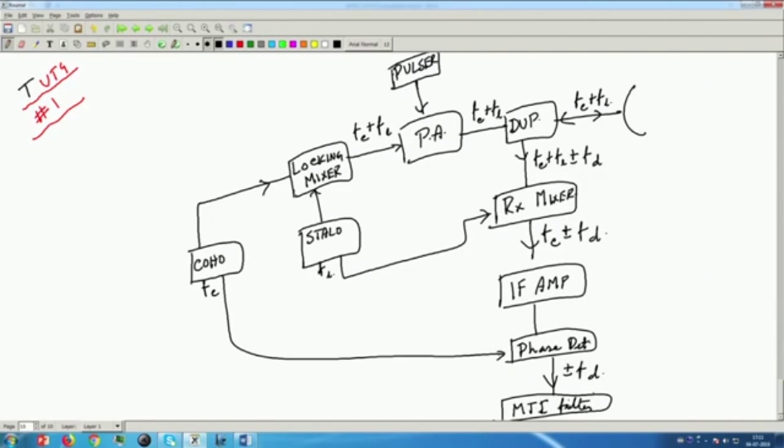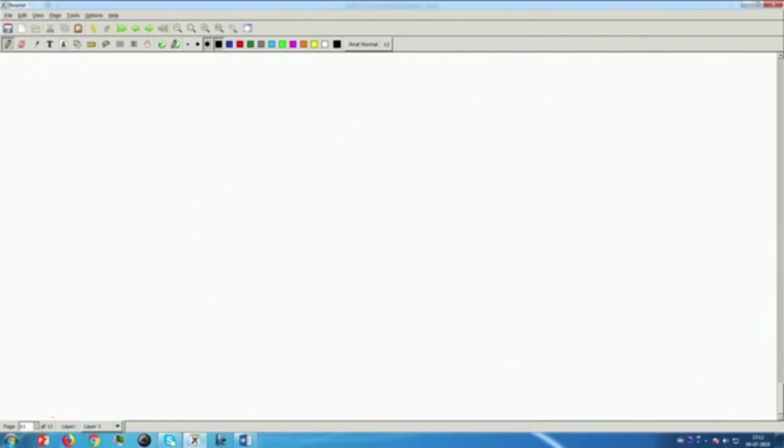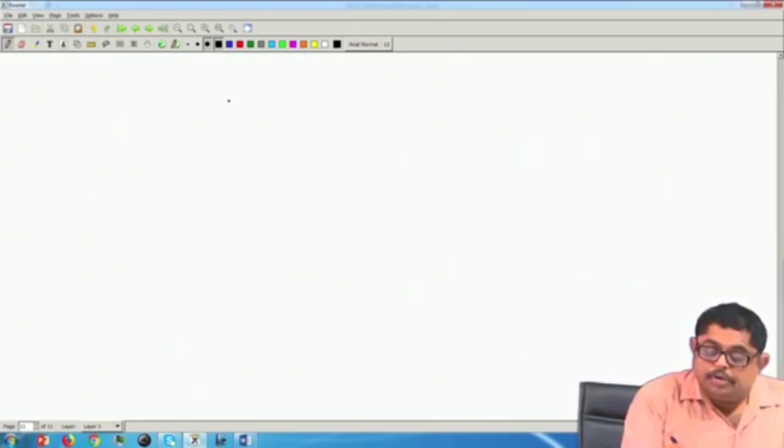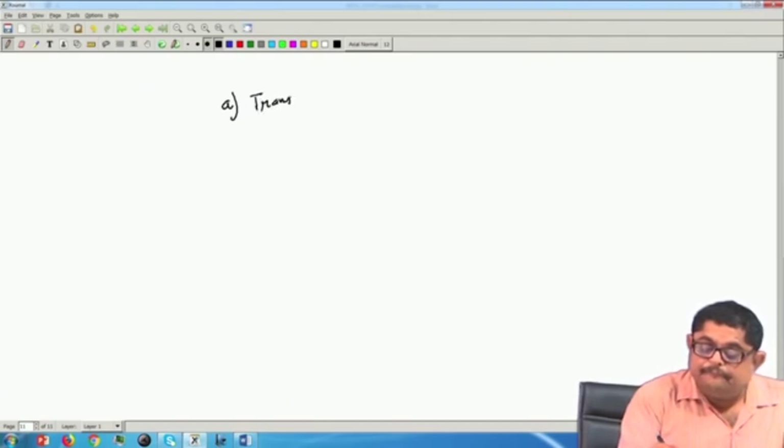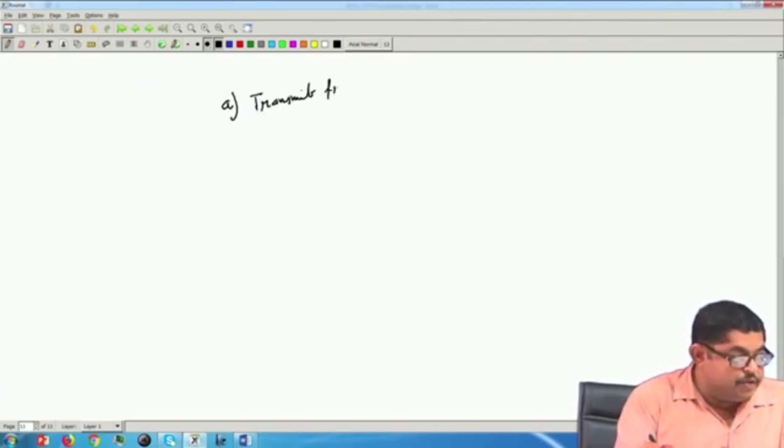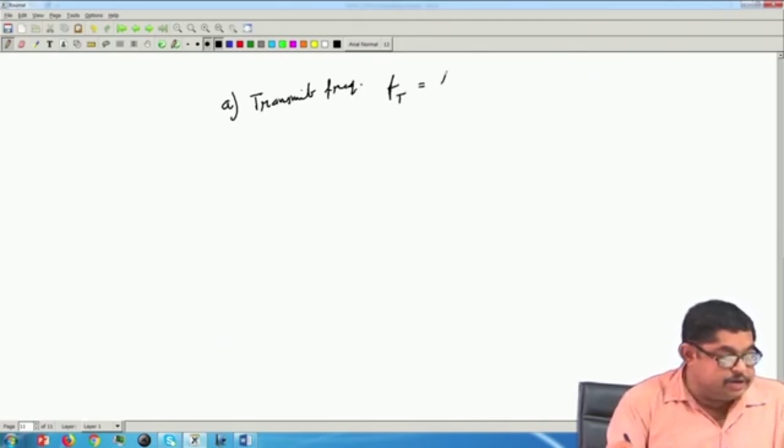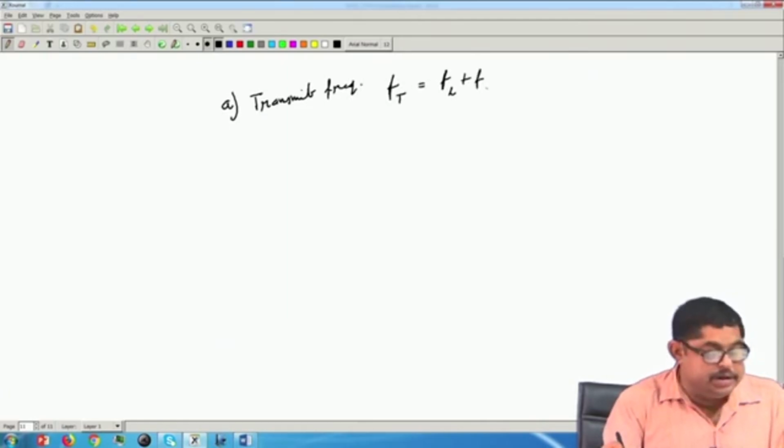So, basically, let us now calculate the transmit frequency. That is part A. The transmit frequency FT is FL plus FC.